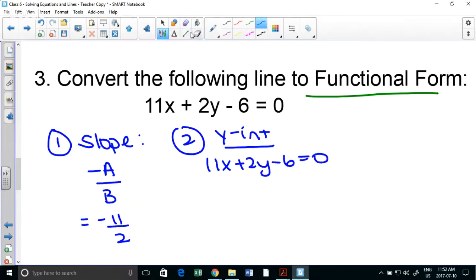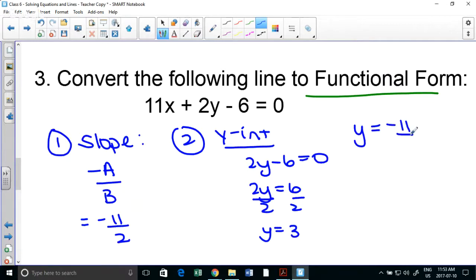If I'm hiding the x term because I'm solving for y, essentially I'm just erasing and saying 2y equals 6, dividing by 2 gives me y equals 3. So this equation in functional form is y equals negative 11 over 2x plus 3.